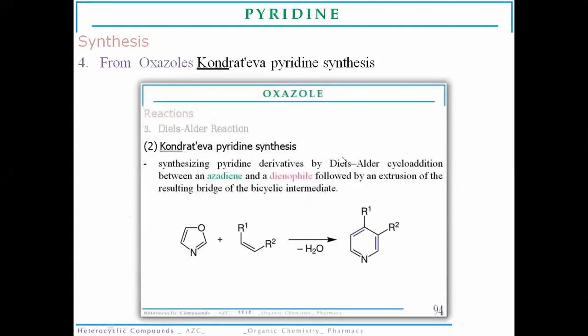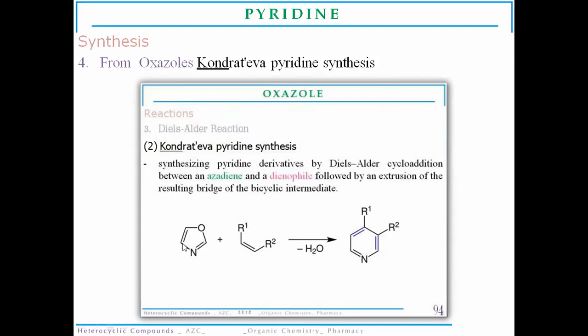Now, we all know when we discussed the reactions of oxazole, at that time also we synthesized pyridine from the oxazole ring. That time we discussed this as the Kondrat'eva pyridine synthesis. So this is one of the methods for the synthesis of pyridine from the oxazole ring, in which pyridine is synthesized by Diels-Alder cyclization between an azadiene and a dienophile.